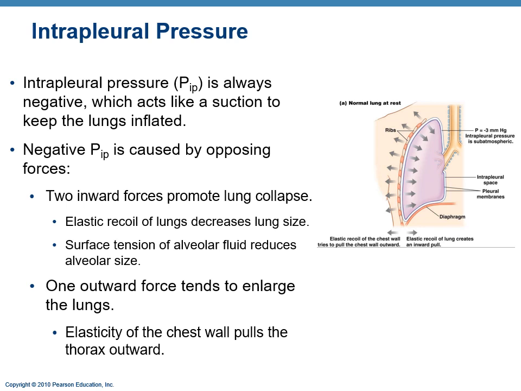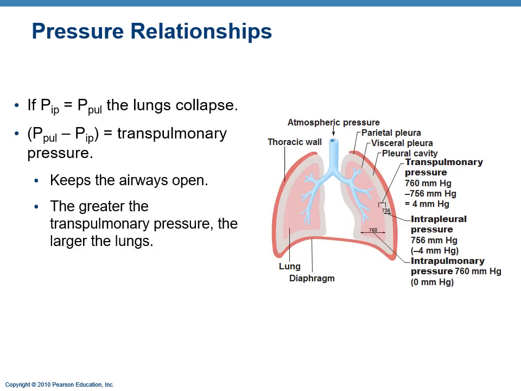These two inward forces promoting lung collapse are opposed by one outward force, which tends to enlarge the lungs, and this is the elasticity of the chest wall, pulling the thorax outward. If intrapleural pressure equals intrapulmonary pressure, the lungs will collapse. It's like a tent where the poles have snapped.